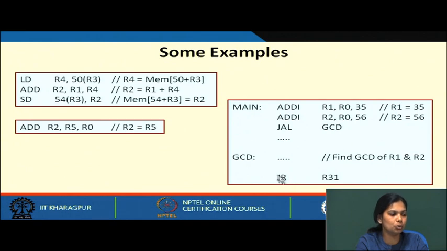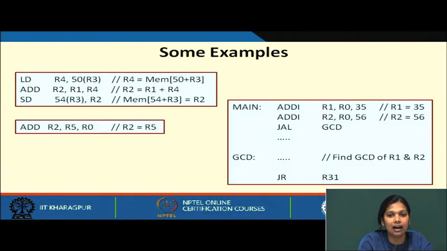What will jump return do? At the point when you have accessed this particular JAL GCD, the PC value has moved to the next location. Now, after fetching and decoding, you have understood that you have to move there. So, this PC value must be stored in the return address.